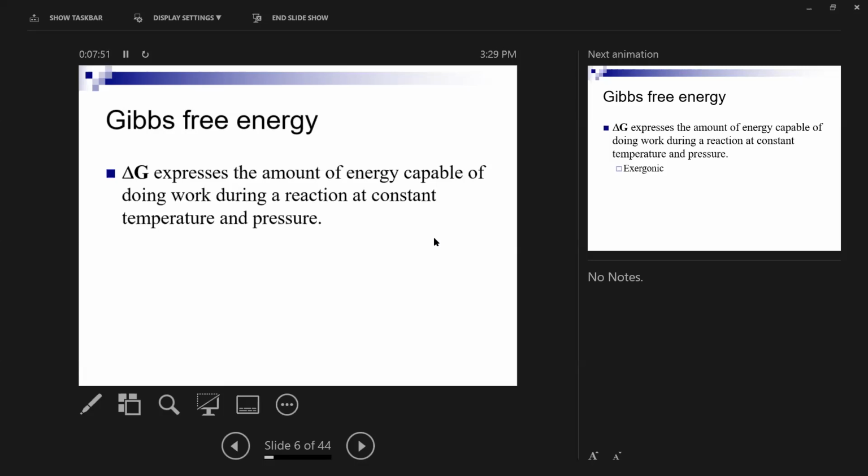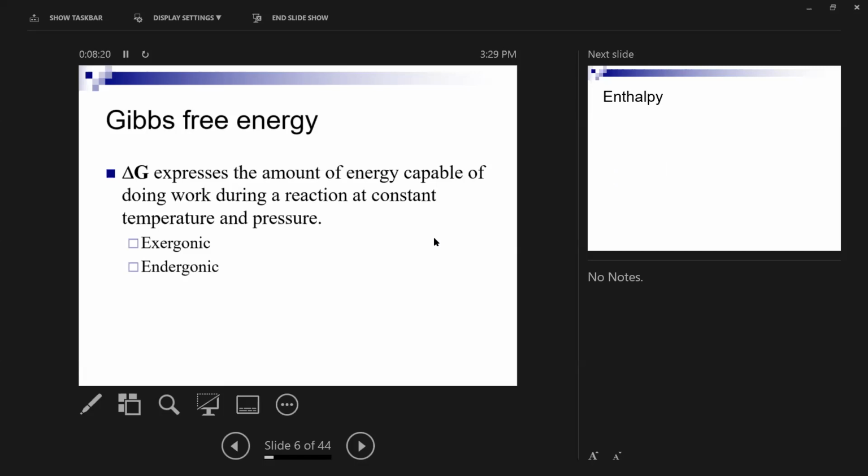Transport could be a reaction, for example. So it's the amount of energy available to do work during a reaction at a constant temperature and pressure. This is highly simplistic, but we'll complicate things as we need to.